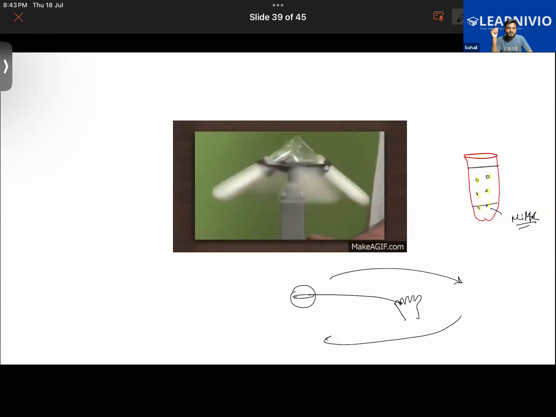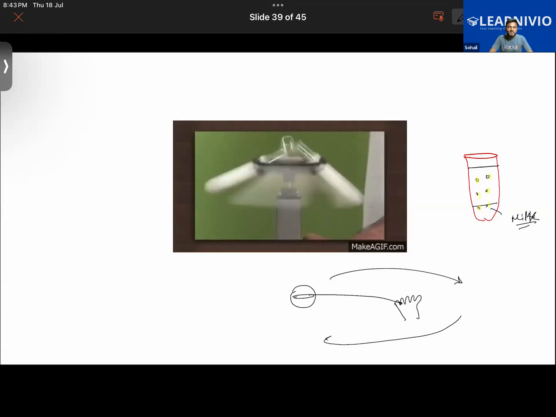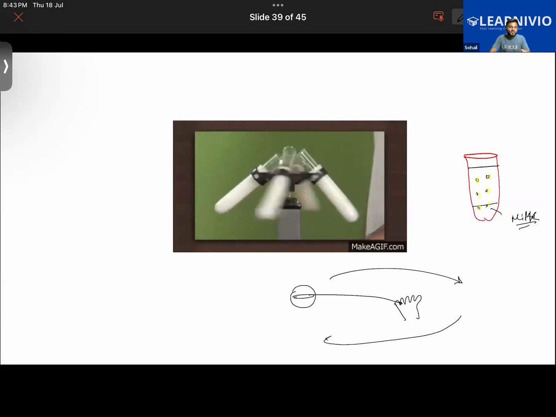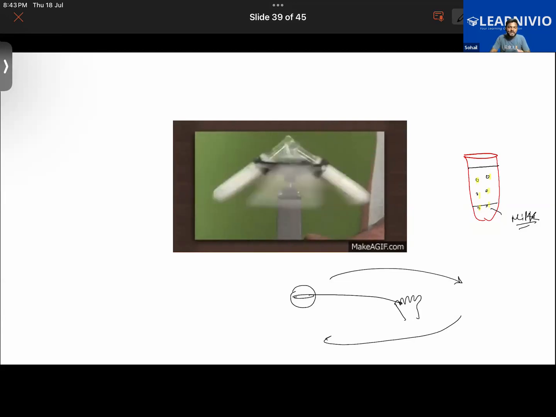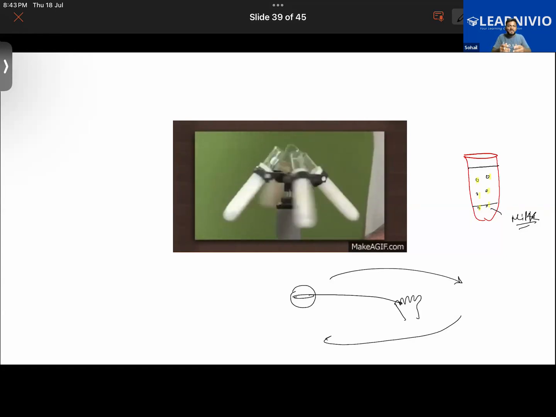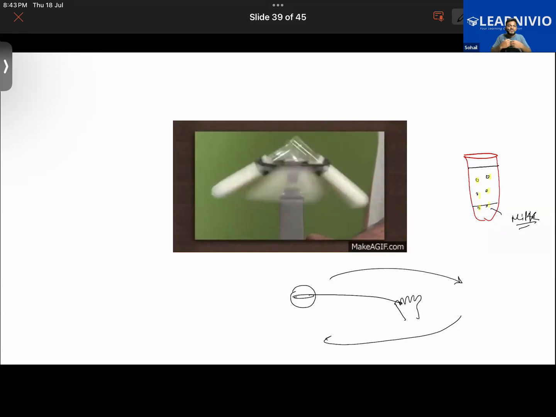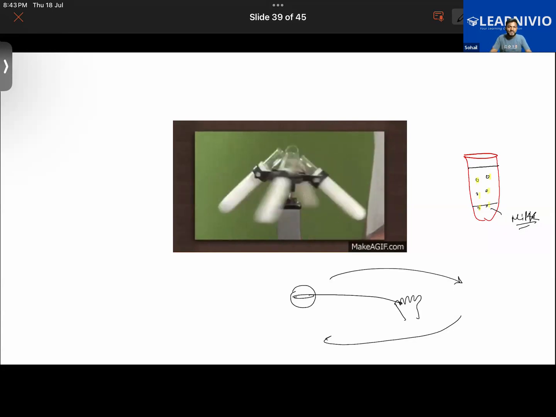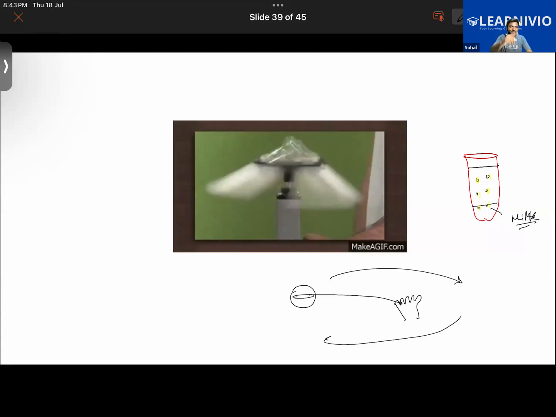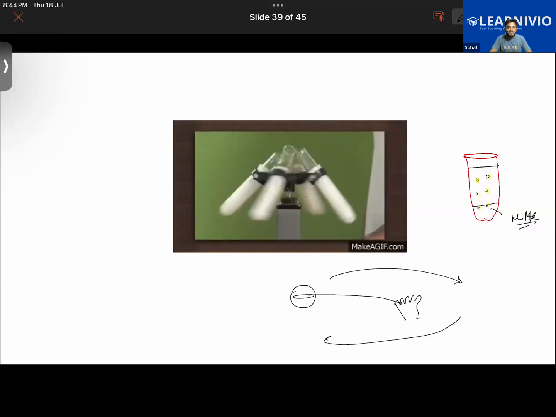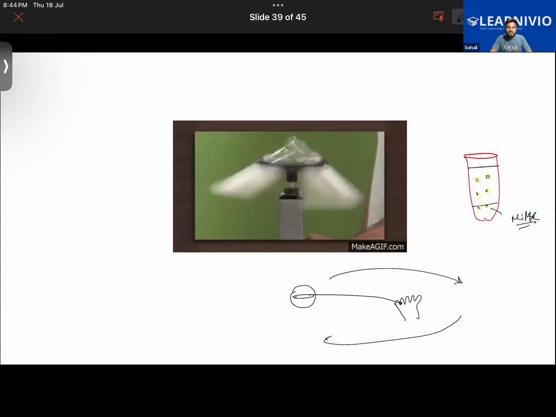Getting it now? Yes, sir. So it is said to be experiencing a centrifugal force, where the heavier particles tend to move away, like the spinning of a rock, or when you stand on a spinning wheel. Getting it now?